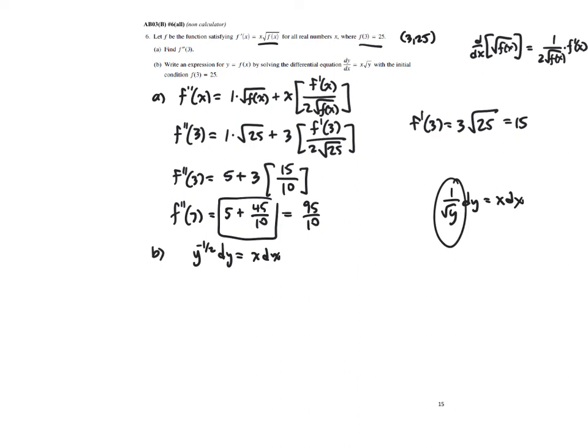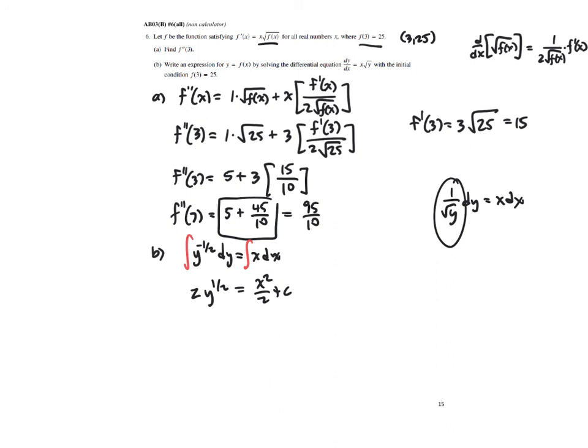Let's do a little work to integrate. We're ready to go. Clearly on the right side, I will get x squared over 2 plus c. On the left side, I'm going to add 1 and divide by that number, so that would be 2y to the 1/2, or 2 times the square root of y. You can always take the derivative of both sides and see if they match up with your integrand.